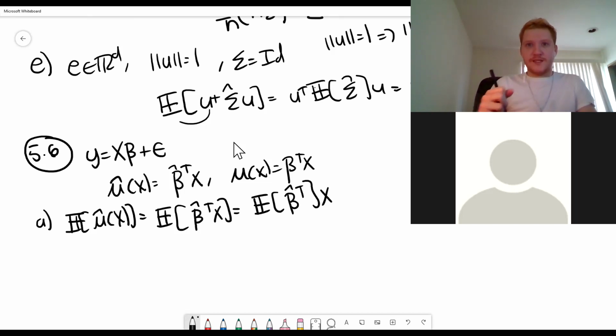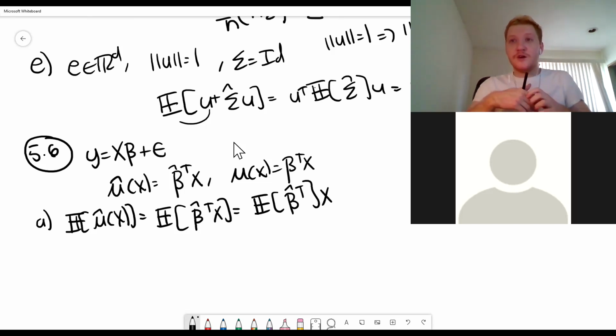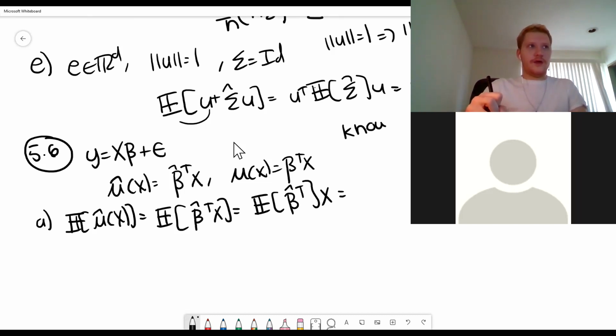And we know that beta hat is unbiased, so the expected value of beta hat is equal to beta. So this is just going to be beta transpose x.